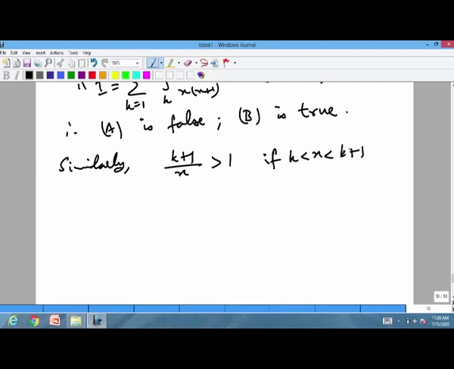So, here we are using k plus 1 by x as greater than 1. So, therefore, k plus 1 by x times x plus 1, this is bigger than 1 by x plus 1.